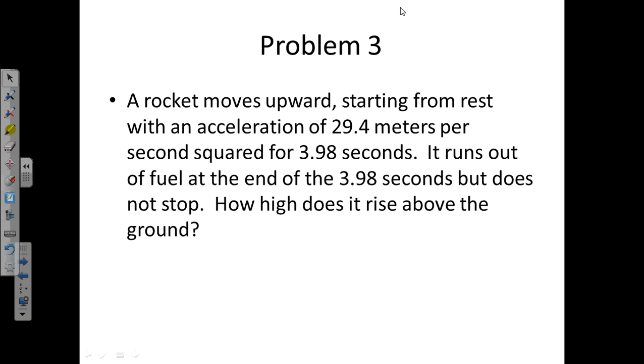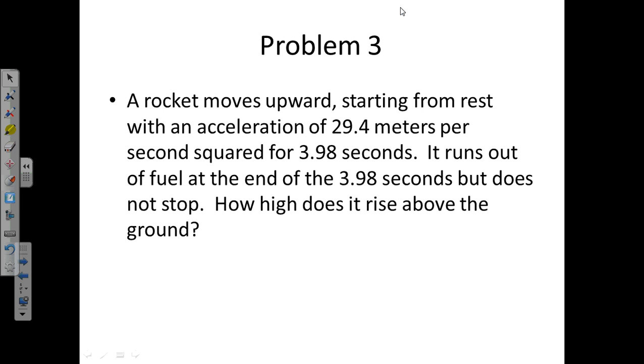So what else do we know? Its final velocity at its highest point has to be what? 0. So we're going to have to work this in 2 parts.